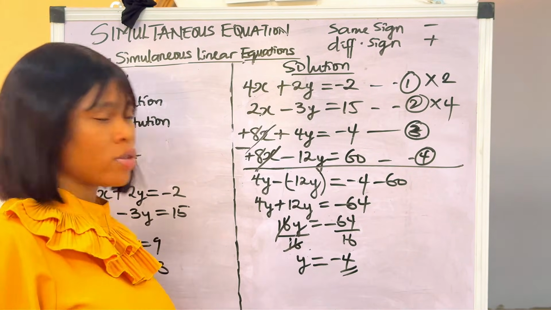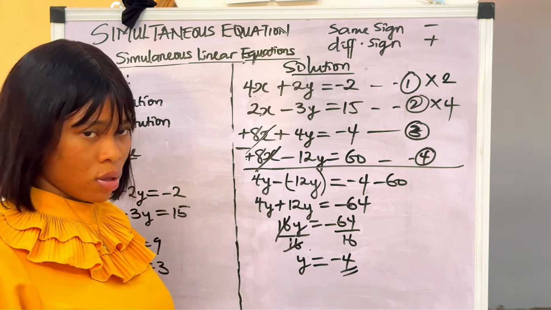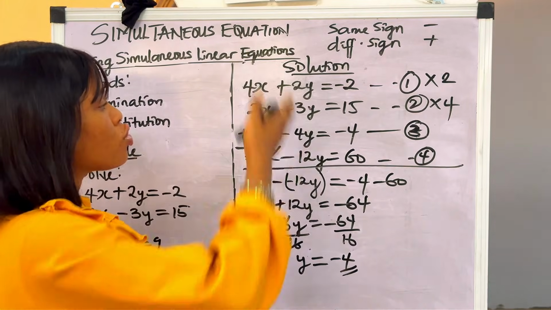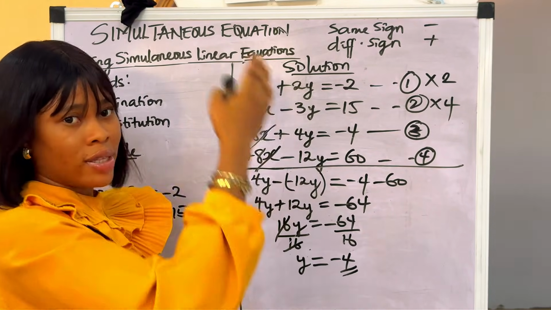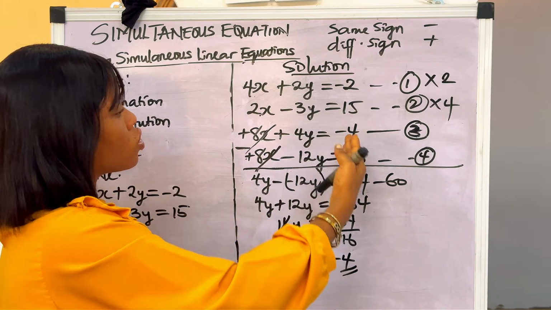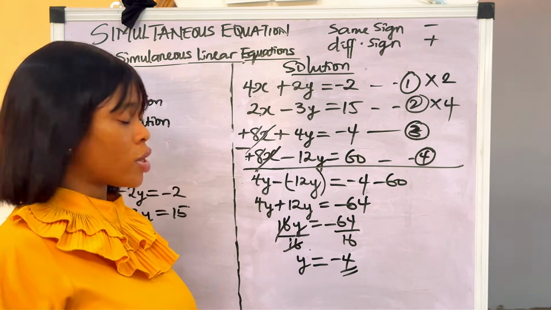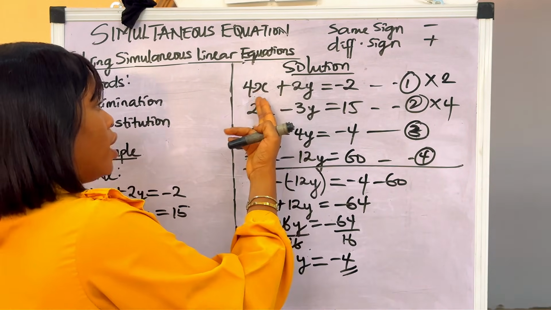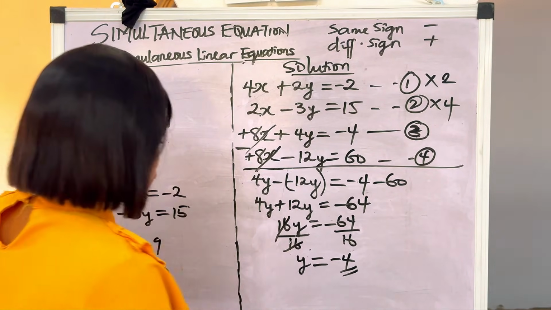Now we've gotten y, so we have to find x. To get x, you can choose any of the equations. You can use either equation 1, equation 2, equation 3, or equation 4 to get x. And so to get x, let's use equation 1.